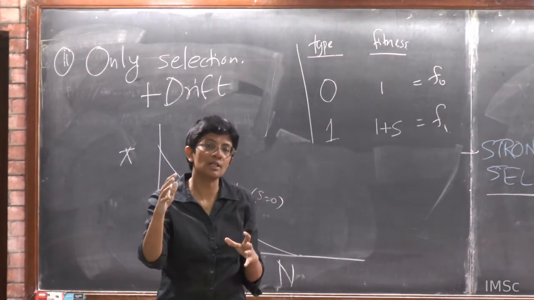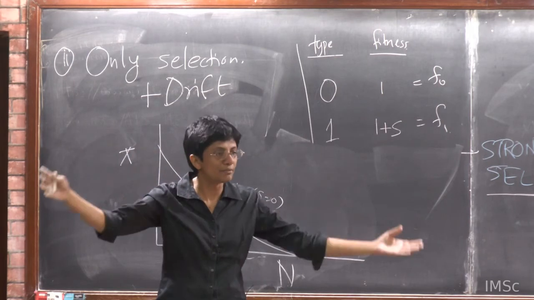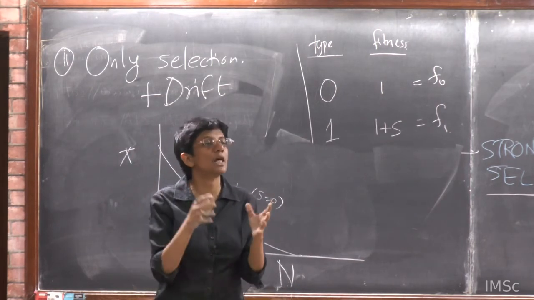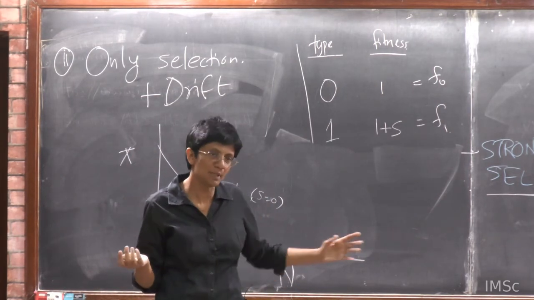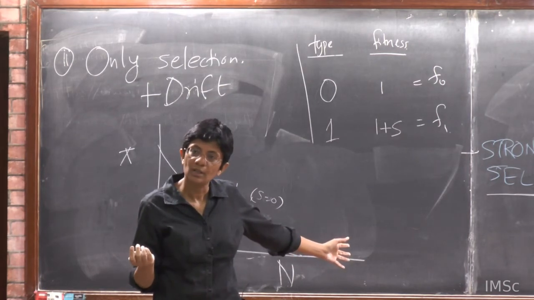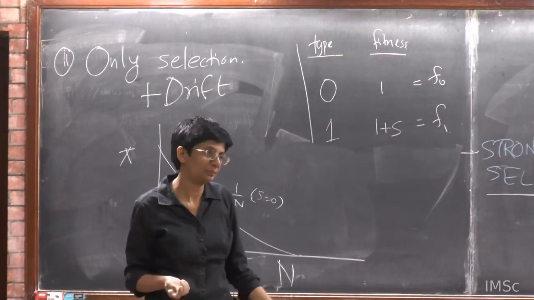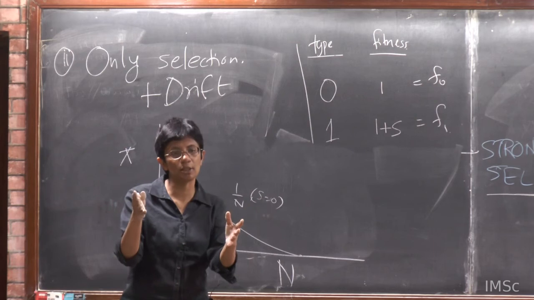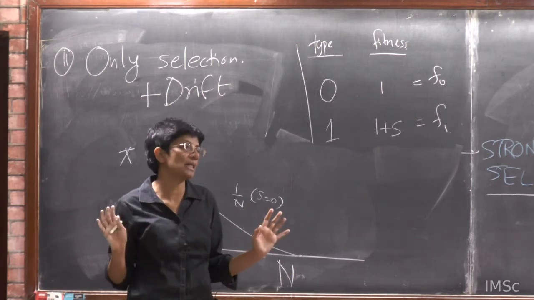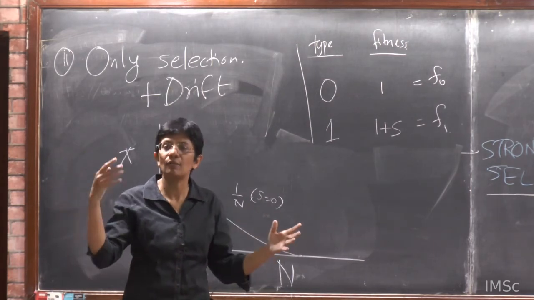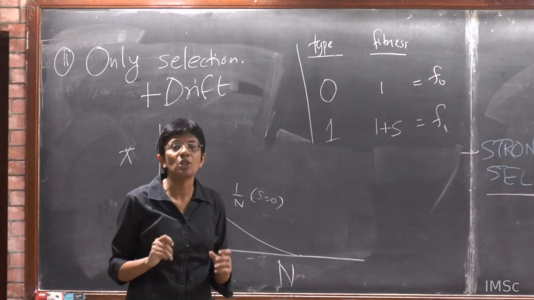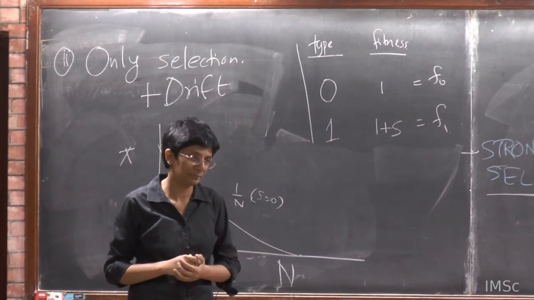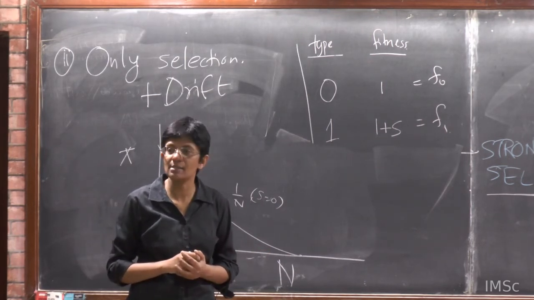The chances of its fixation are something, but if I have 100 people in the class, the chances of fixation are smaller. That's what this graph is telling you. Does that make sense? 30 people, 1 genius, the idea spreads with a certain chance. 100 people, 1 genius, the chances of spreading are smaller. Does it make sense?